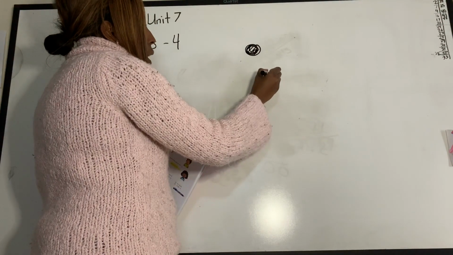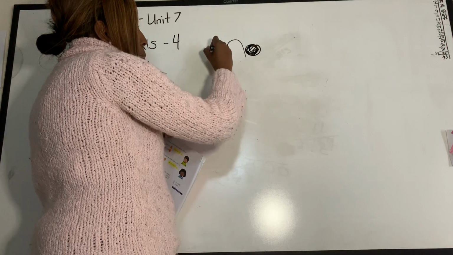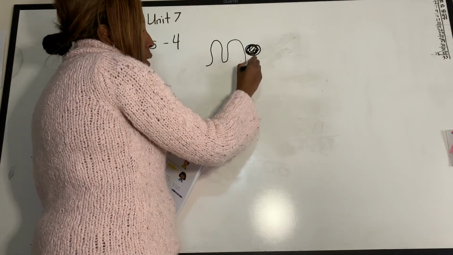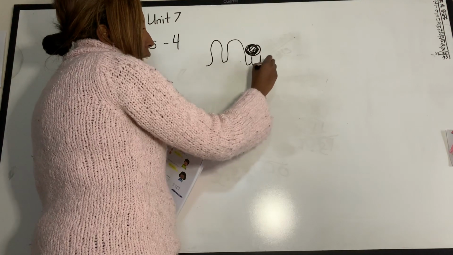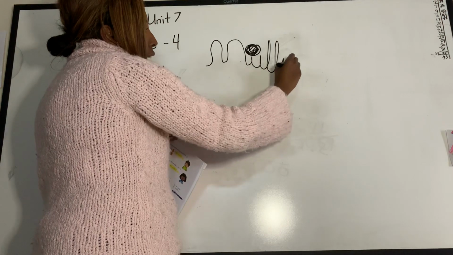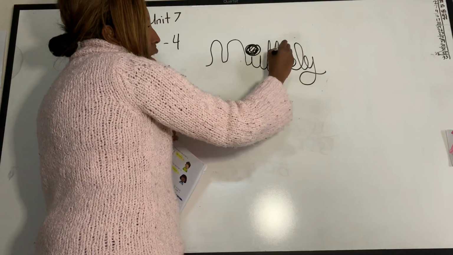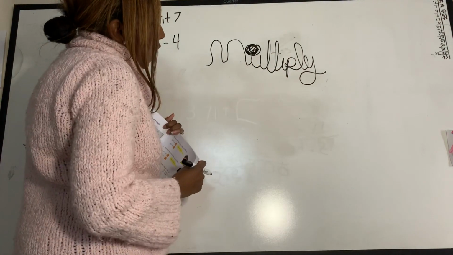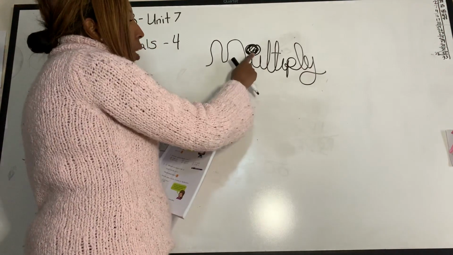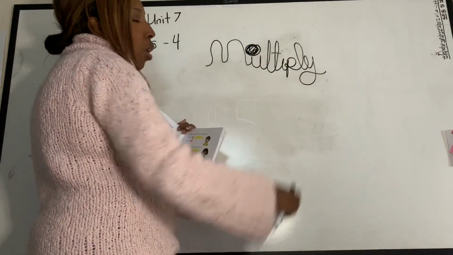He likes to go up the roller coaster and down the roller coaster, and sometimes he likes roller coasters that go backwards, and he likes to watch it go round and round. It looks like I've spelled multiply, because when I multiply, the decimal kind of seems like it's going all around.